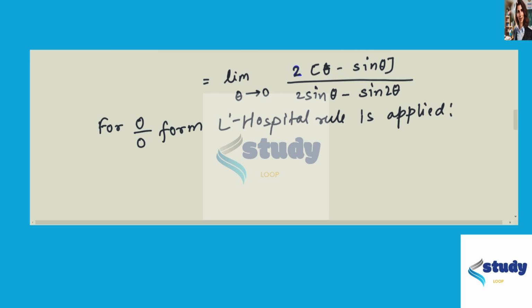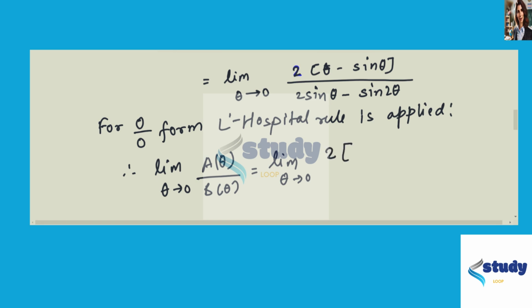Therefore, limit theta tends to 0, a theta by b theta, we will differentiate numerator as well as denominator.